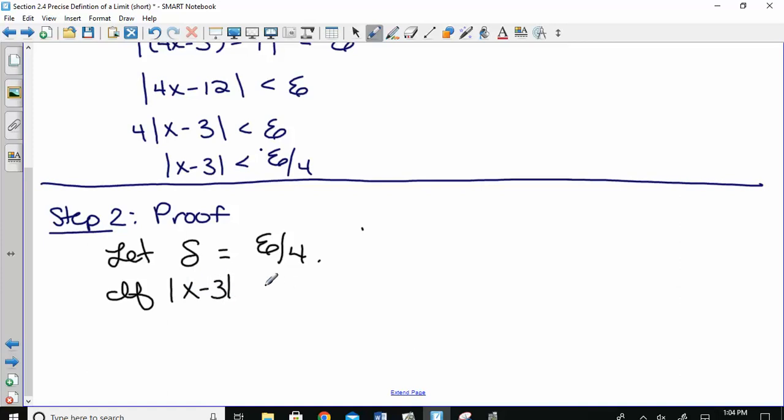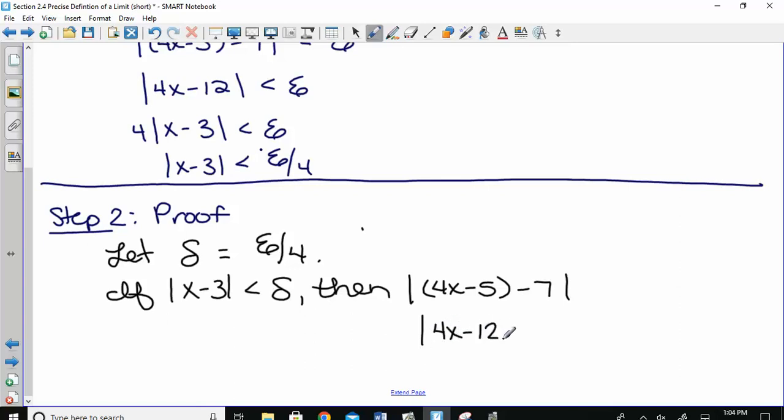If the absolute value of x minus 3 is less than delta, then the absolute value of 4x minus 5 minus 7, and then I have to work this out until I get the less than and the delta. We're really going to be repeating the same stuff that we had done above.